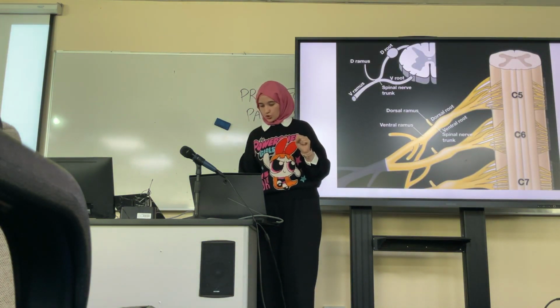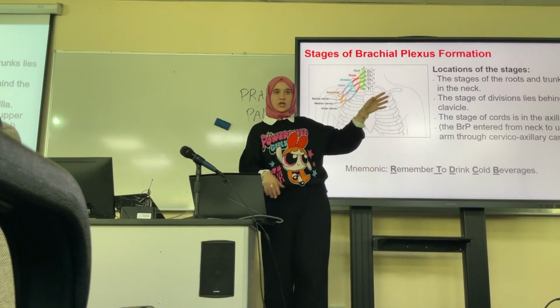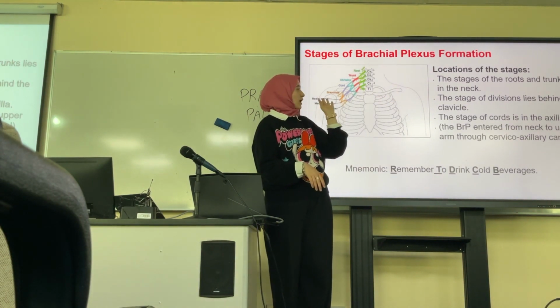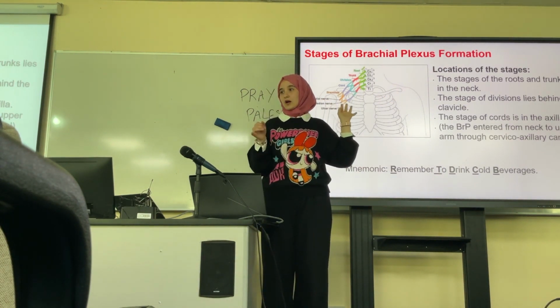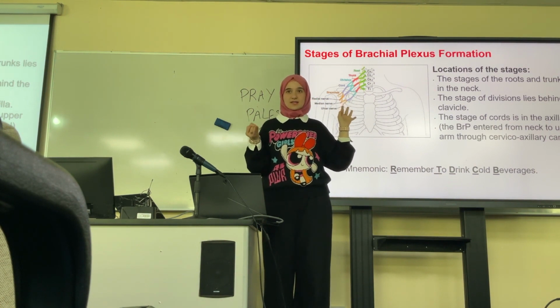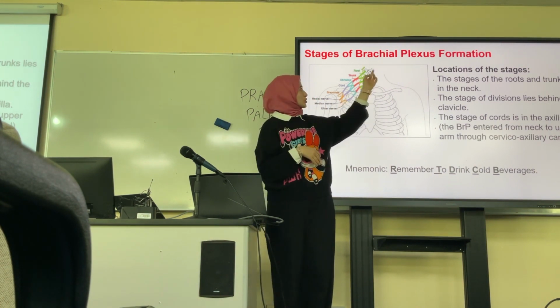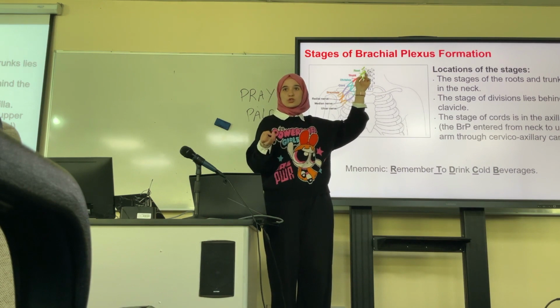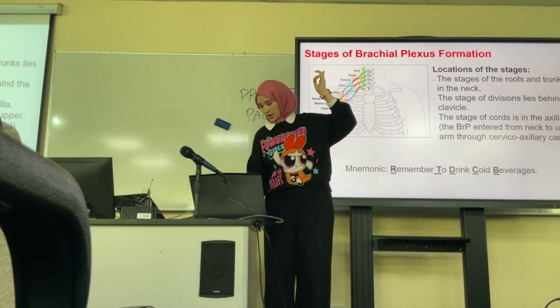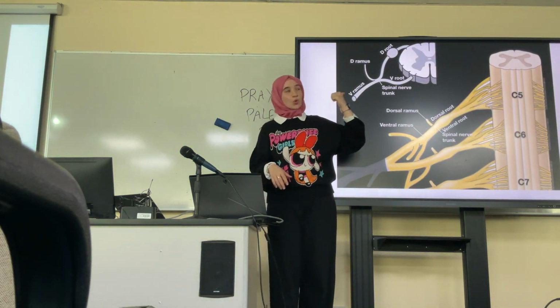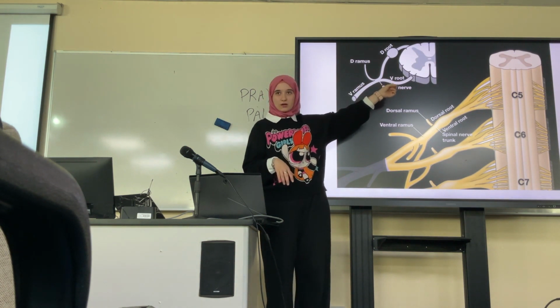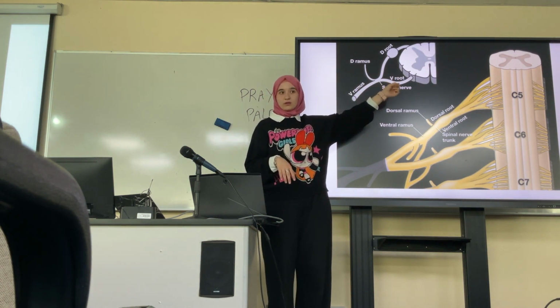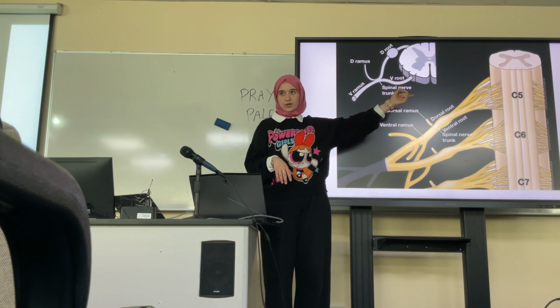So we mentioned basically that the roots and every other part should be innervating motor and sensory at the same time, right? So starting from our root, it should have the motor and the sensory. But if we went back, we mentioned that the roots of the spinal cord give only motor or only sensory.